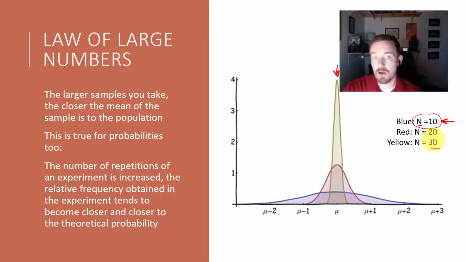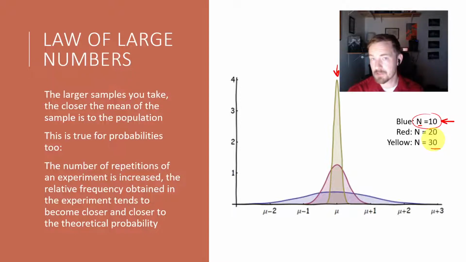This is called the law of large numbers. The law of large numbers is simply that the larger the sample you take is, the closer that sample's mean is going to be to the population's mean. It's a little bit different from central limit theorem, because central limit theorem says that you have to do this with multiple samples.